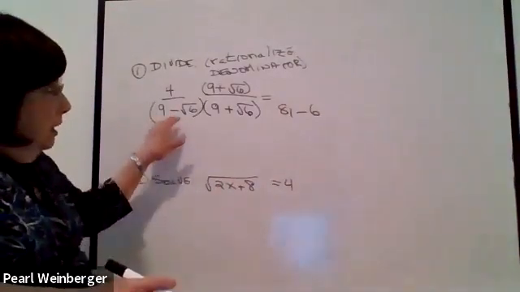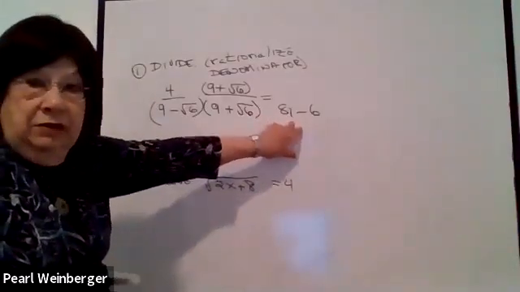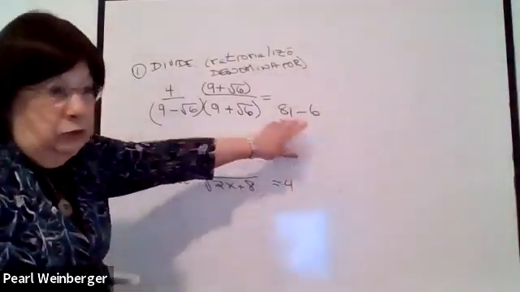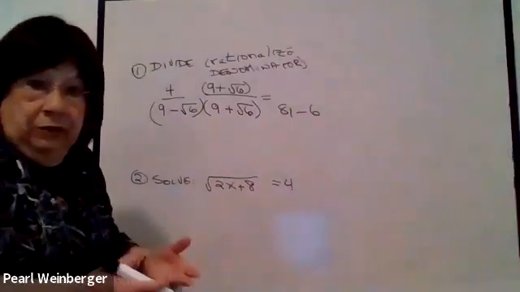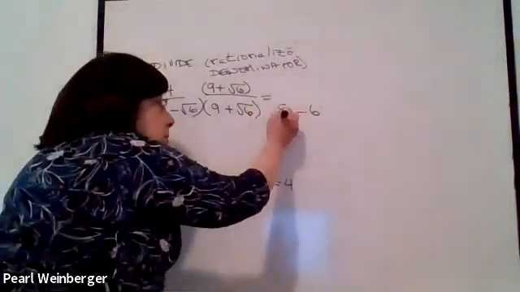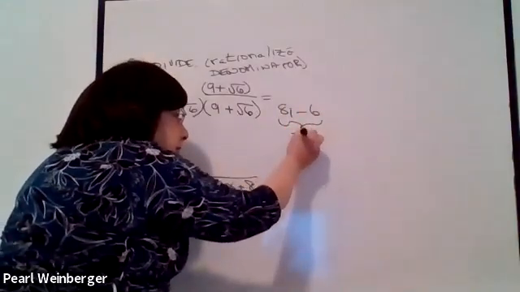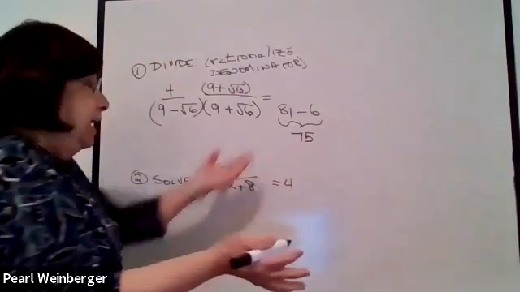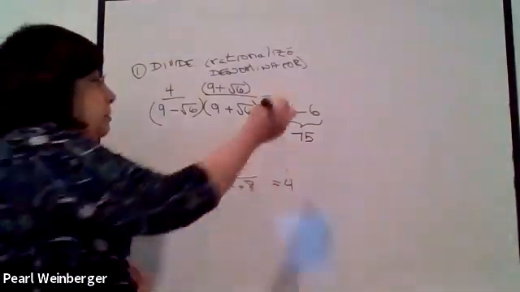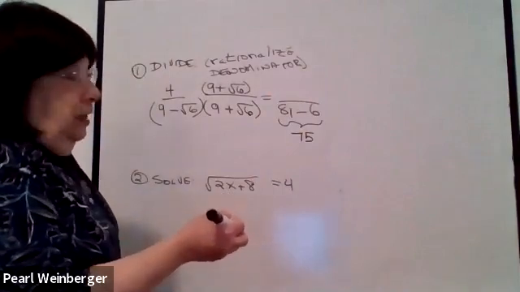So anytime you're multiplying the conjugates, you end up with something without any square roots, and that's what we're looking for because we don't want a square root in our denominator. This is 81 minus 6, which is 71. I can now combine them because there's no radical, so my denominator is rationalized.